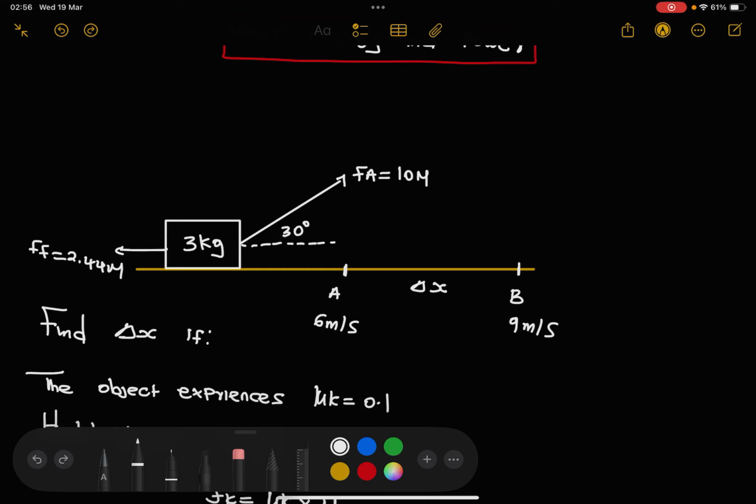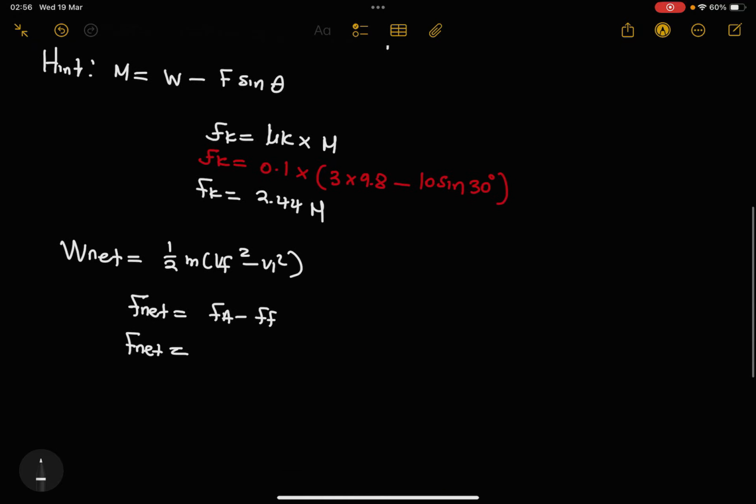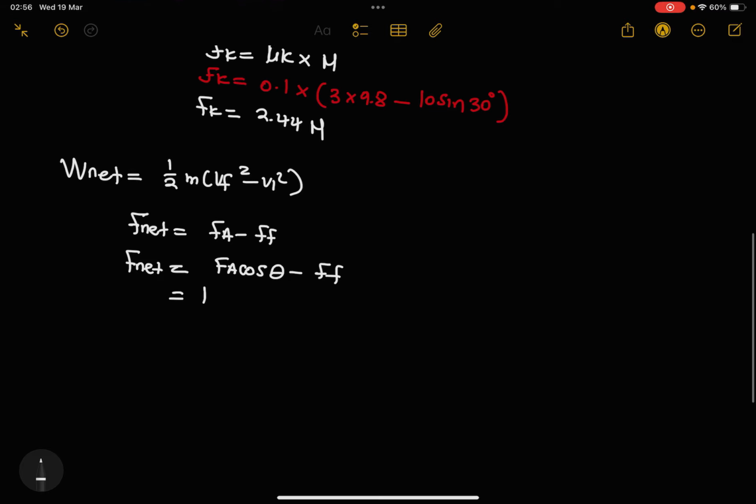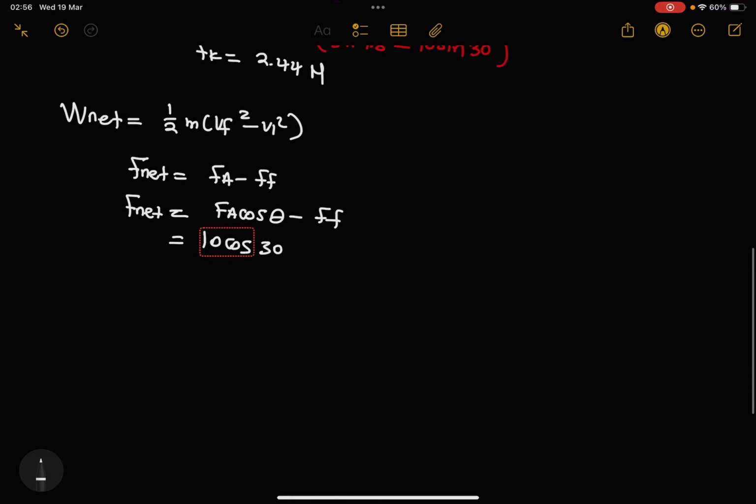However, again, this is coming from the Newton laws of motion. If you have interacted with that, we don't just take this force applied, right? We're going to take the X components, which is going to be FA cos theta. So in other words, this is going to be FA cos theta minus the frictional force. So FA is 10, theta looks to be 30 degrees, minus friction is 2.44.